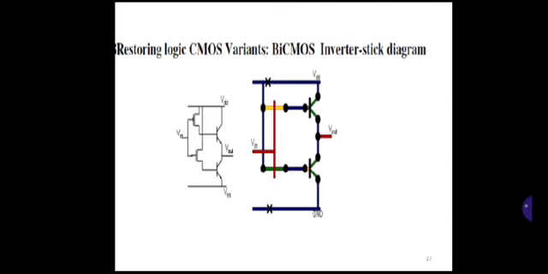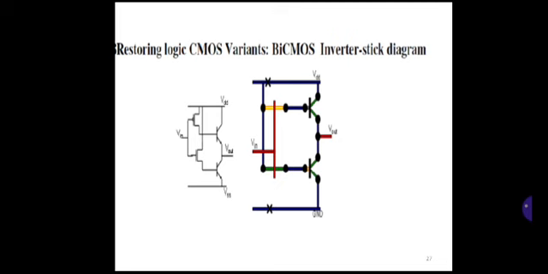Now we have seen the NMOS inverter and CMOS inverter. So this example is the BiCMOS inverter, that is a restoring logic CMOS variant, shown in the BiCMOS inverter circuit diagram. As you can see in the schematic diagram, the left part is an inverter using CMOS.